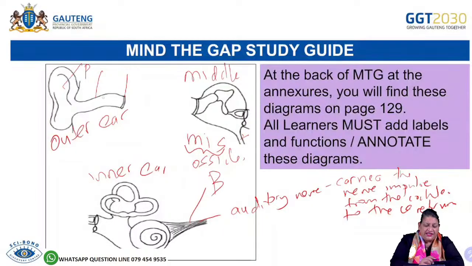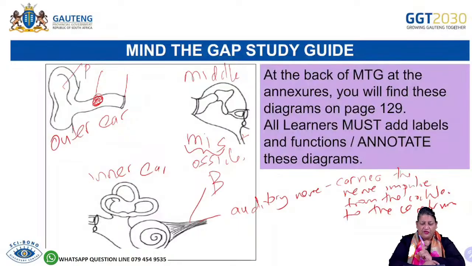Even the auditory canal, they can tell you that the auditory canal here is actually blocked with wax. Remember, the auditory canal is a pathway for sound waves to move from the pinna to the tympanic membrane. Okay, now if this auditory canal is blocked with wax, what's going to happen?